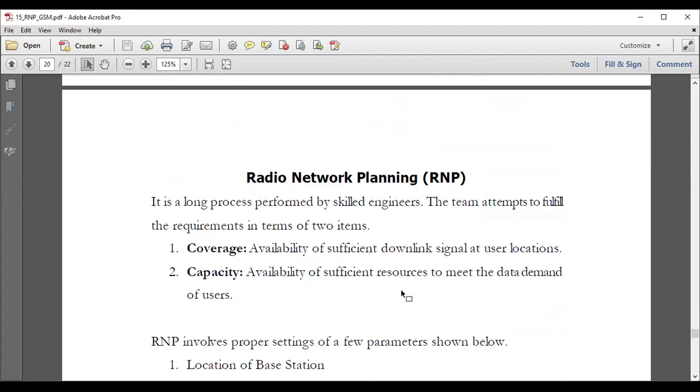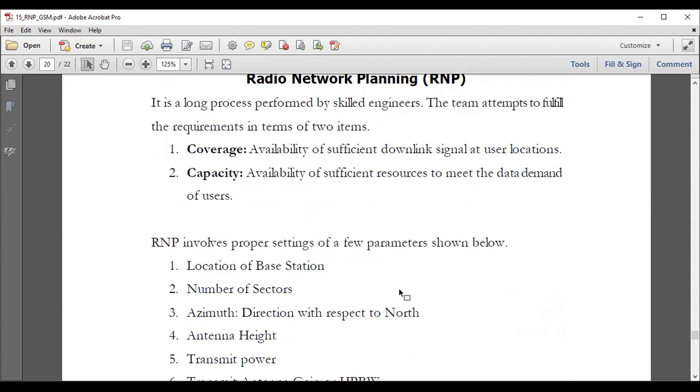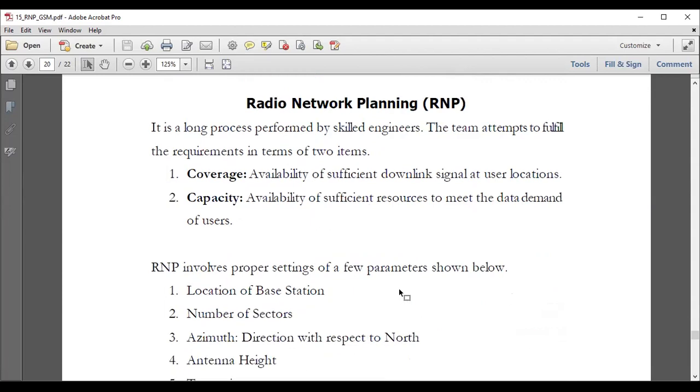Okay, finally, we want to look at a summary of what your design targets are as a radio network planning engineer for a cellular network, and what you work with to reach your target, or to meet your goals.